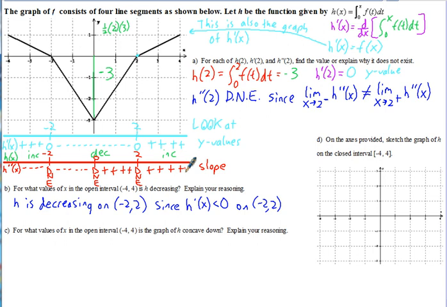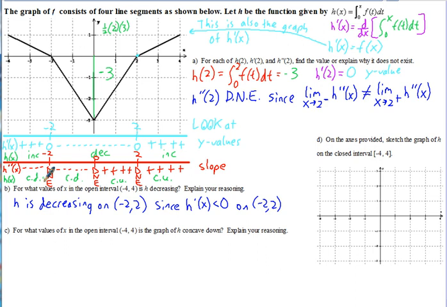So, the graph is concave down when the second derivative is negative. So let's see here, it's concave down, concave up, and concave up. And because it doesn't exist at -2, we do have to stop our interval there.